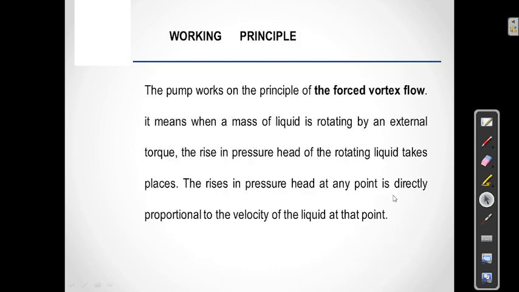The working principle is the same as the axial pump, and here the main difference is the vortex flow. The pump works on the principle of forced vortex flow, which means that when a mass of liquid is rotated by an external torque, a rise in the pressure head of the rotating liquid takes place. This rise in pressure head at any point is directly proportional to the velocity of the liquid.